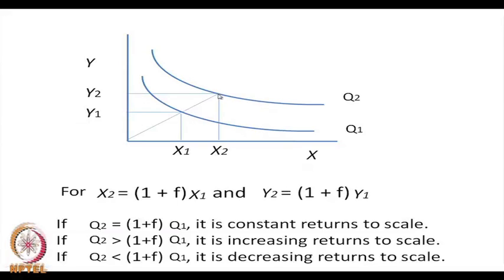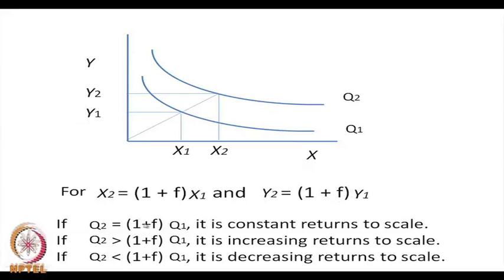Then the value of production q2, how is it related to q1? Suppose we find that q2 also rises by this same fraction f, that is q2 is equal to 1 plus f into q1. That means, the rise in q2 is by the same fraction f as the input, each input was raised.